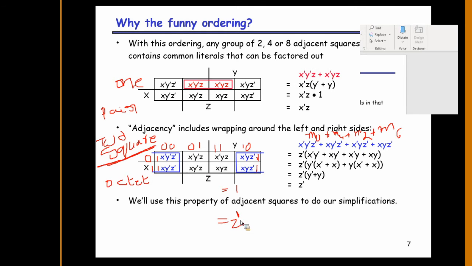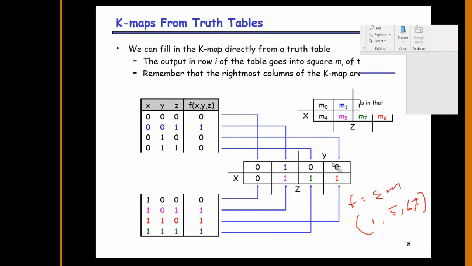Hence in the minimal expression we represent that as z bar. Whereas if I use the Boolean laws, I require 4 steps. So like this we will minimize your functions. Okay, is it clear, ma'am?